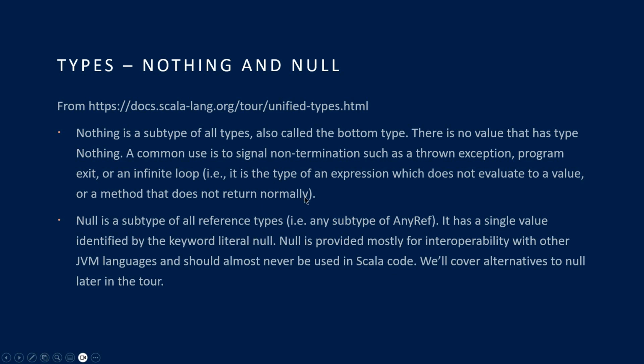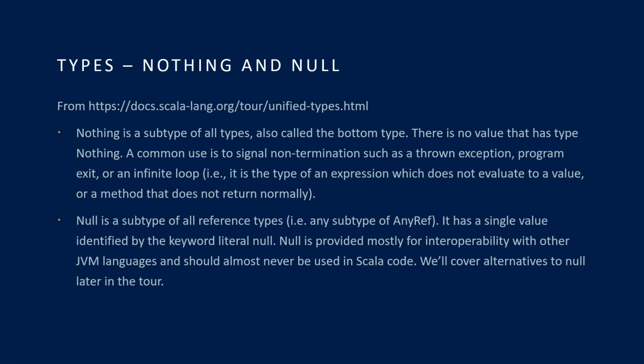So Null is a subtype of all reference types, i.e. any subtype of AnyRef. It has a single value identified by the keyword literal null. Null is provided mostly for interoperability with other JVM languages and should almost never be used in Scala code. That's an interesting point actually, because I know that's the case in other languages that use a virtual environment.